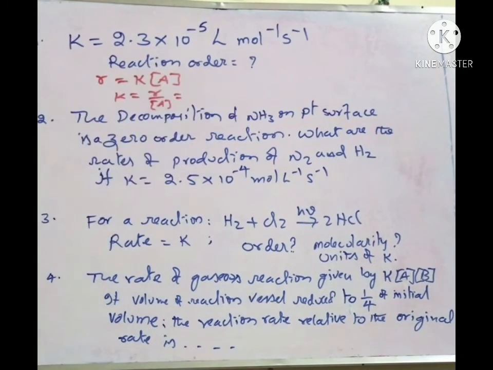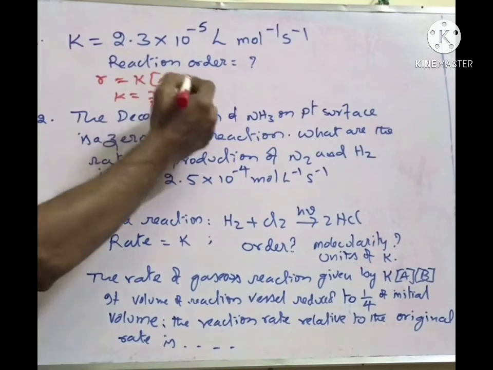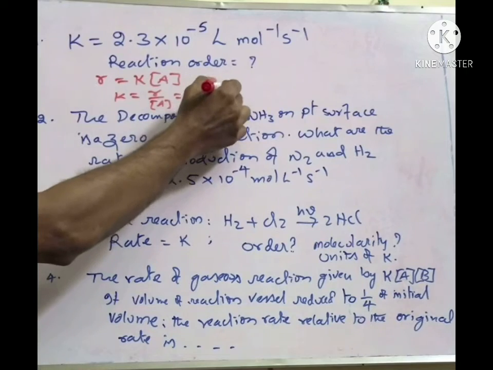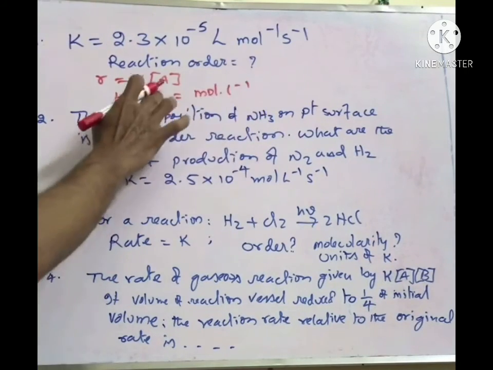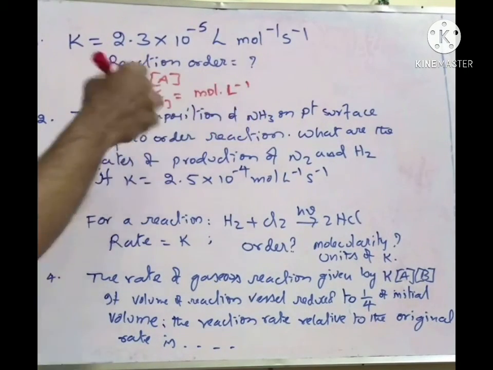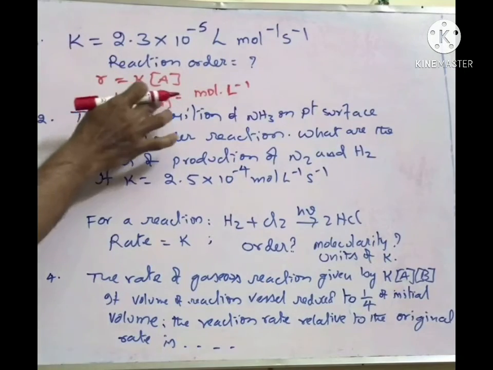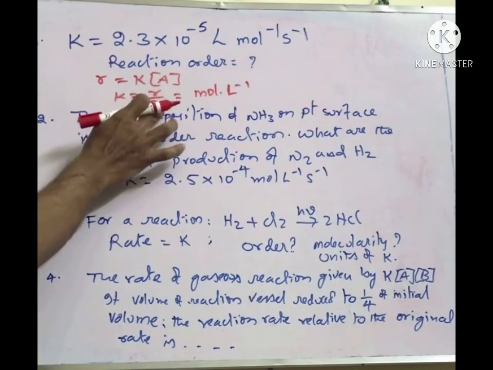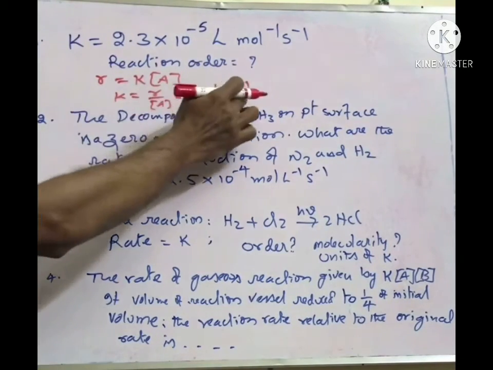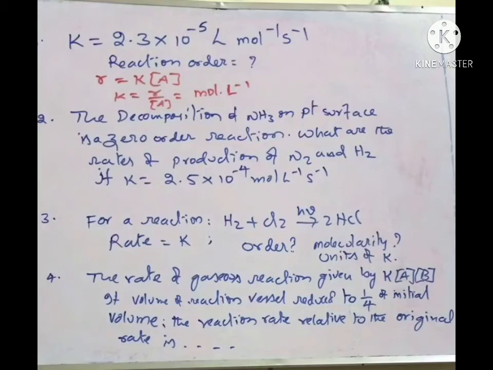R is the change in concentration with time. Change in concentration is moles per liter, and R is moles per liter per second. Divided by concentration once again, so over concentration, moles per liter.